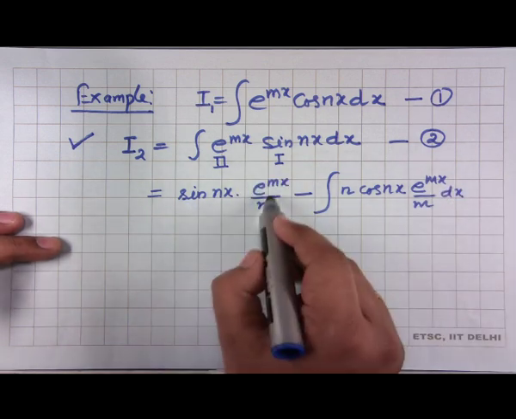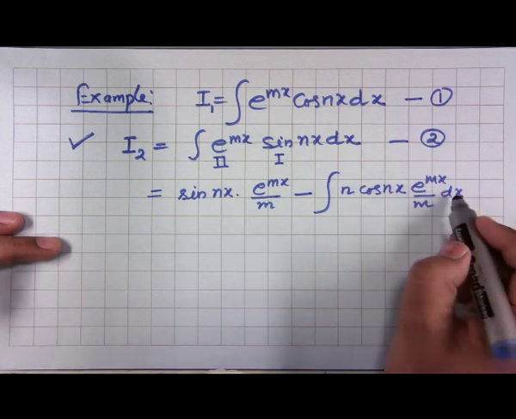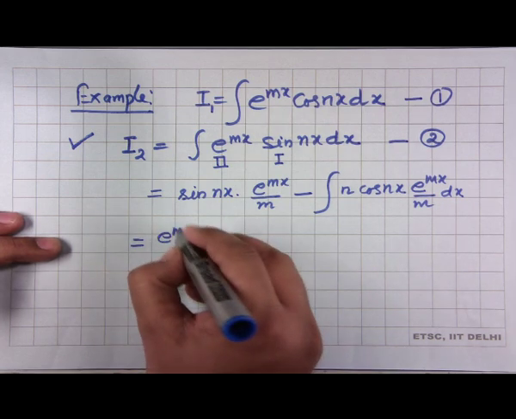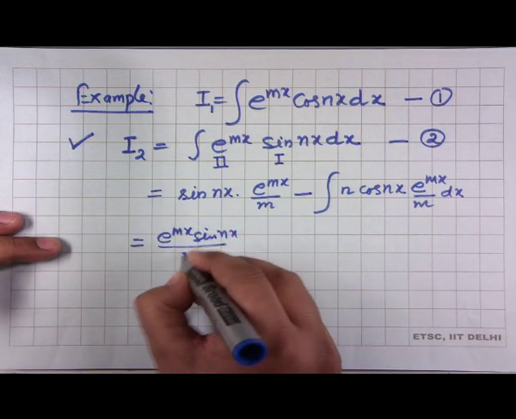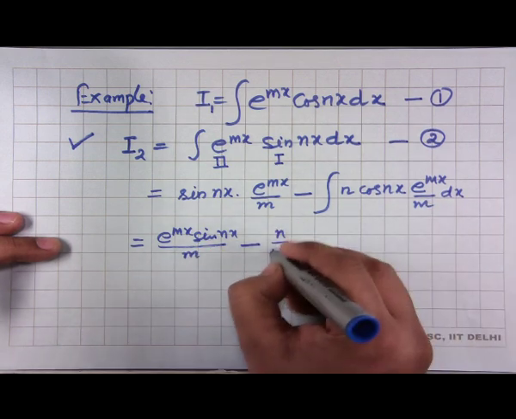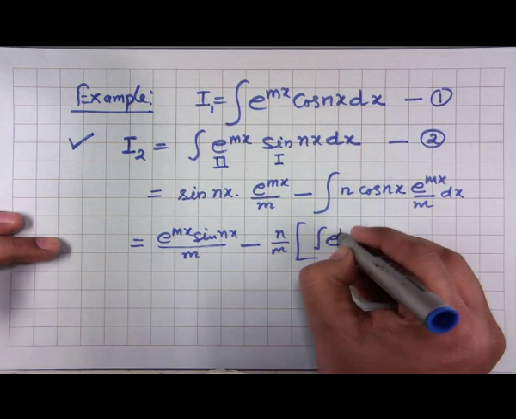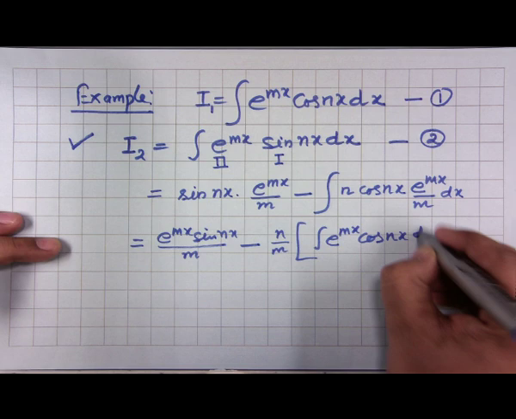First function, integration of the second, minus the integral of differentiation of the first times integration of the second dx. So, this will give me e raised to power mx sin nx upon m minus n by m times the integration of e raised to power mx cos nx dx.